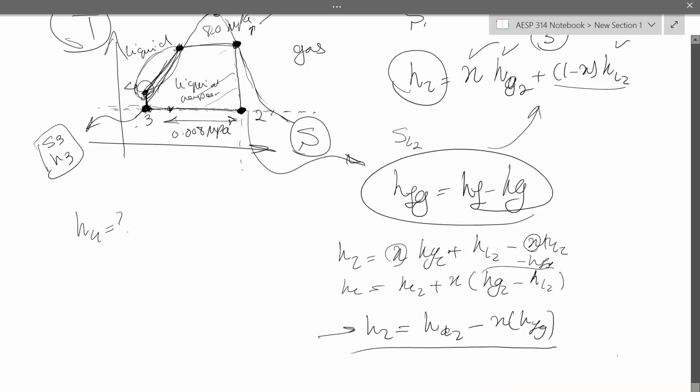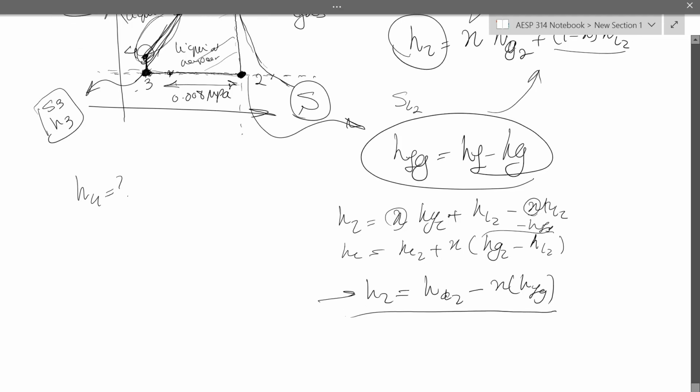Any ideas? What should we do with H4? Think about it. Work done by the pump is going to be equal to m dot times H4 minus H3, right?